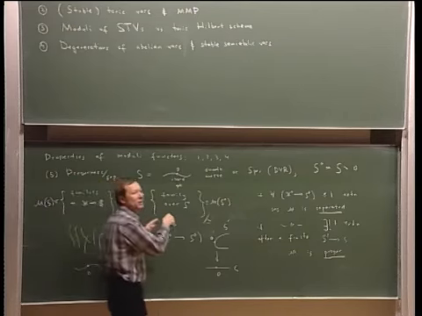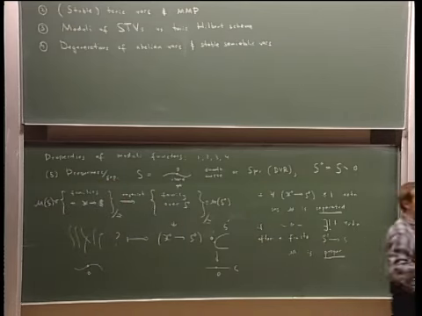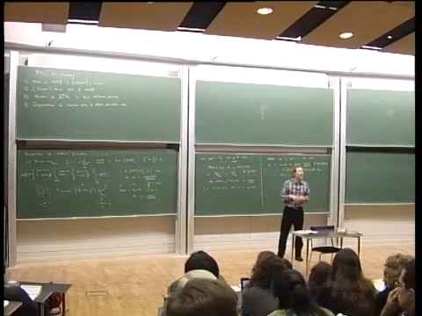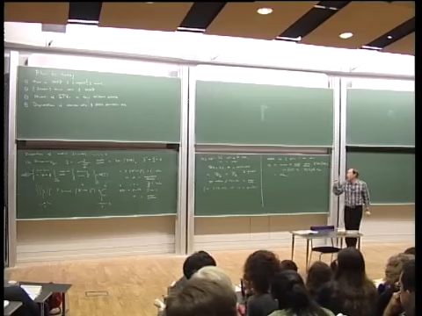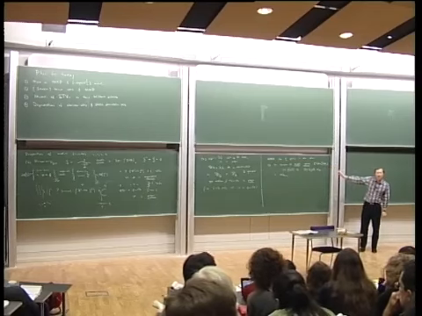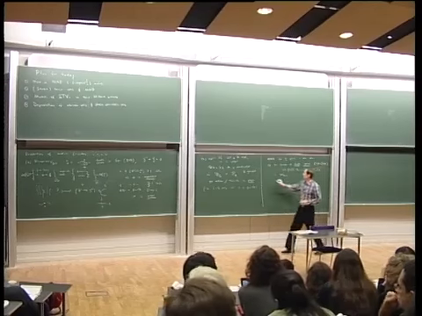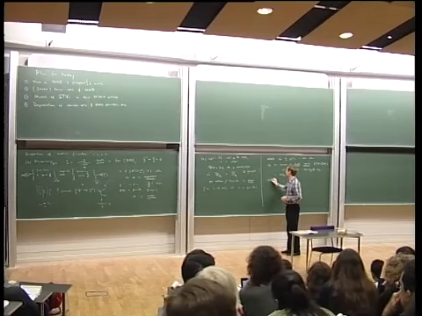I gave two definitions in one. So properness is really the second one, and it was the important one for me. So that's the idea. This is what MMP does for you. And what is the idea of the proof?